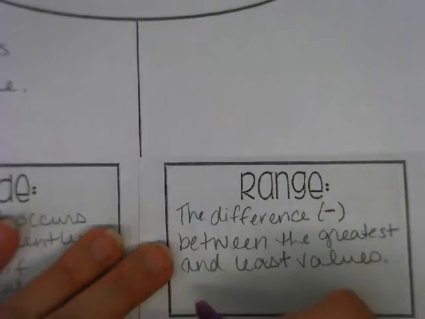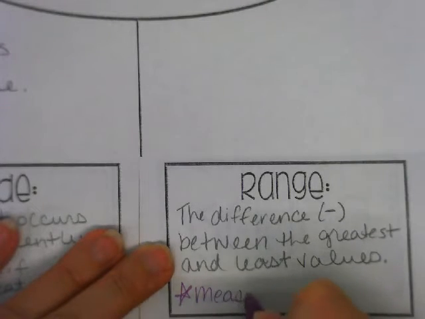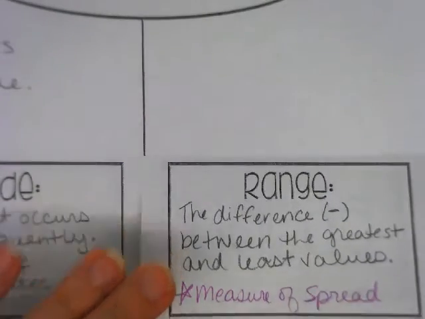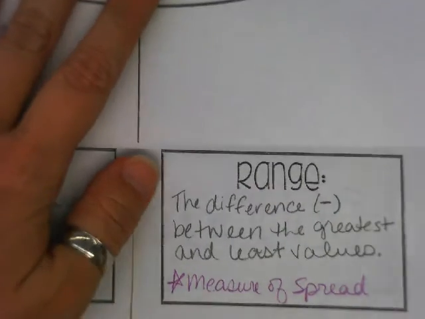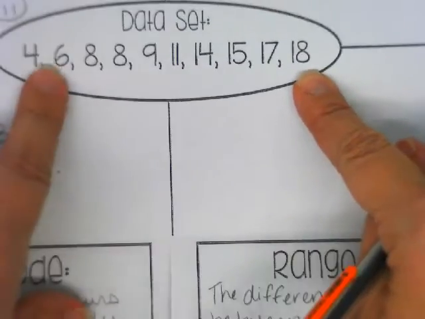This is actually, so let's make a note. We said mean and median were called measures of center. The range is a measure of spread, because it's how wide is the data, right? So our highest number was 18 and our lowest number was 4.